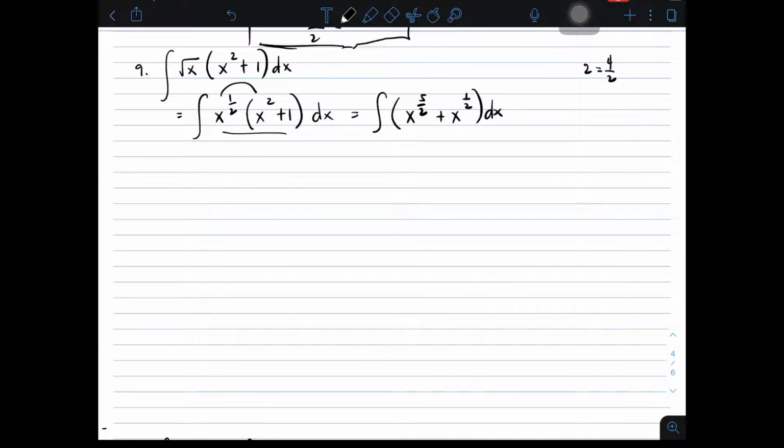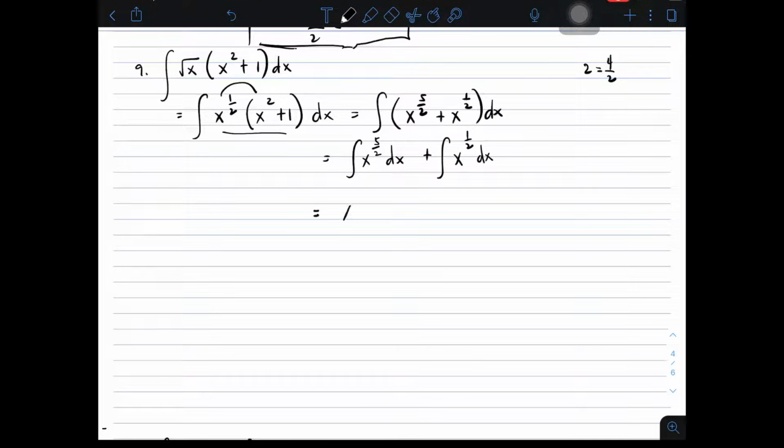So, integrate natin bawat term. Tuloy natin dito. The integral of x raised to 5 over 2 dx plus the integral of x raised to 1/2 dx. So, meron tayong ngayon dalawang term na dapat natin integrate.